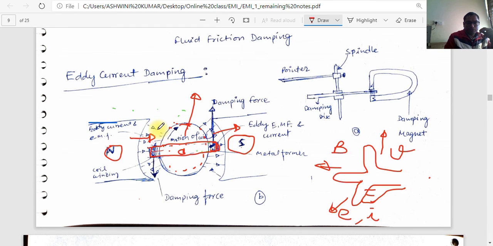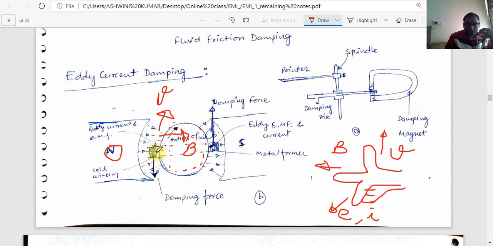We take this direction as the motion, and the direction of the field is this direction, this is B, and this is the movement, velocity V.